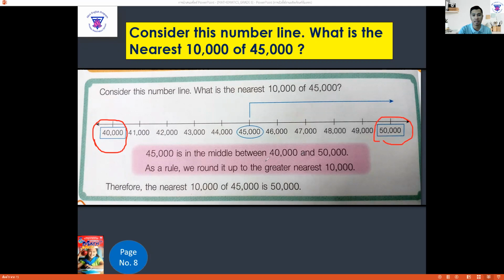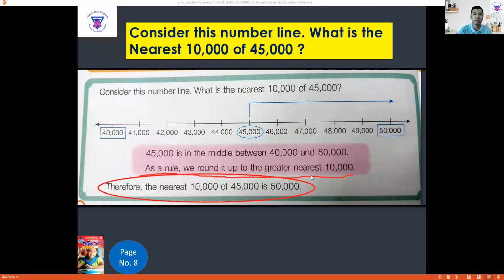Okay, so it is in between 40,000 and 50,000. There you are. Okay, so now, student, as a rule, we round it up to the greater nearest 10,000. So meaning greater.